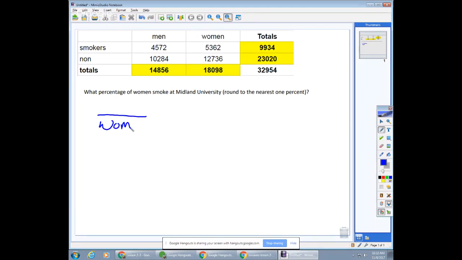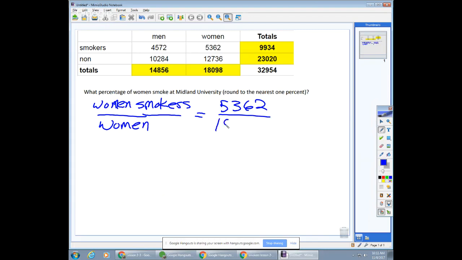I believe women is the denominator here, and then women smokers is the numerator. So women smokers is 5,362. Women is 18,098.